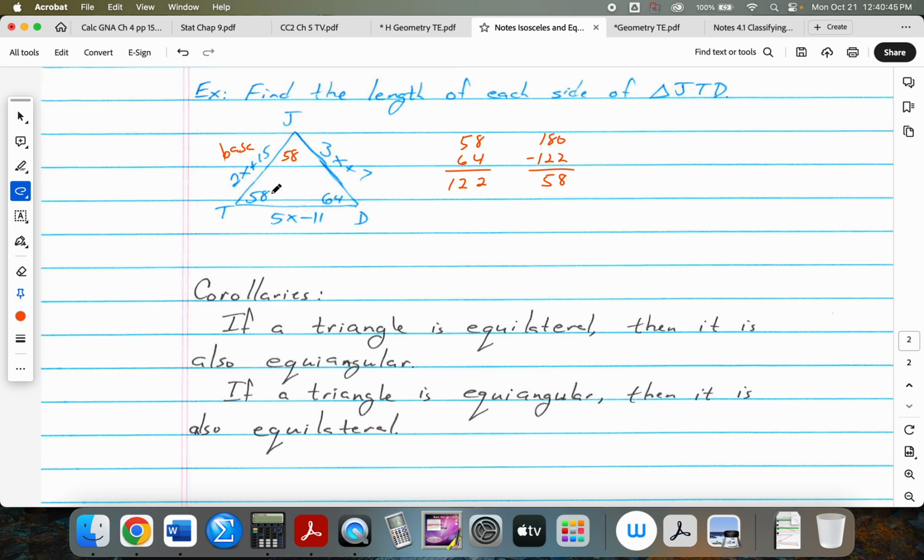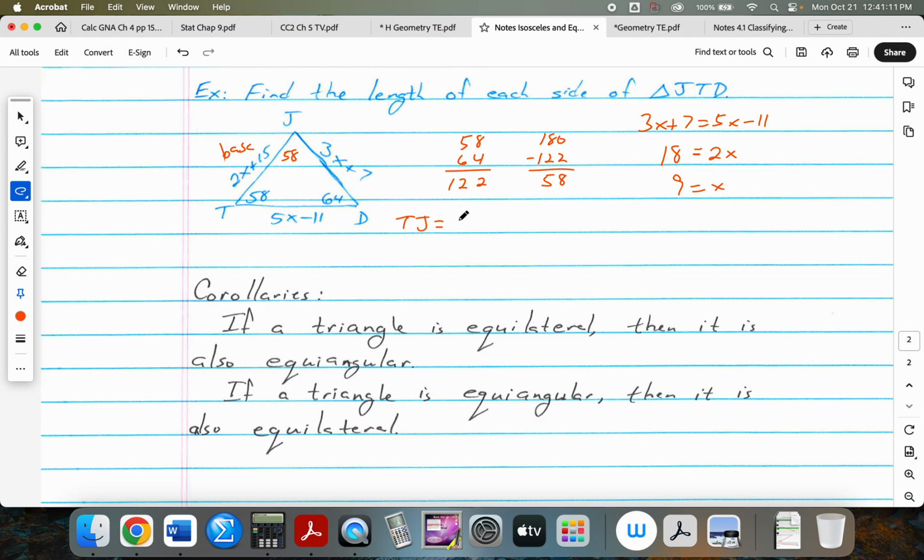The side between the two congruent angles is the base. So my equation is going to be 3x plus 7 is equal to 5x minus 11. So that'll be 2x on one side and 18 on the other. So x is 9.